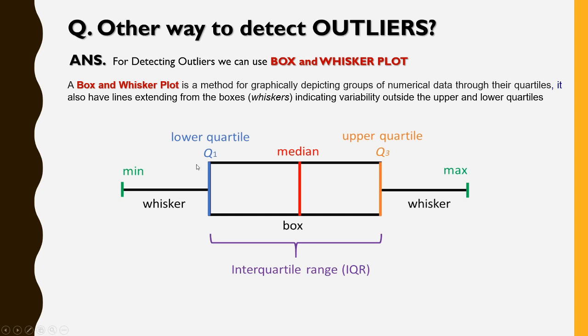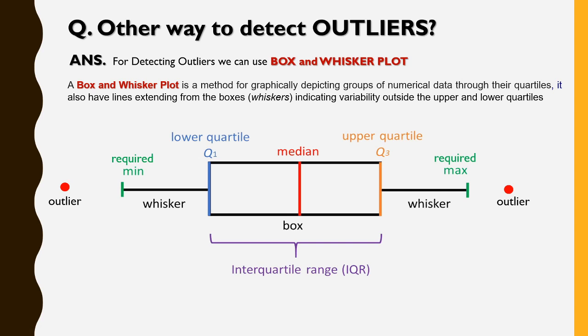And if your data have some circles coming in this box and whisker plot, these are called outliers. If in your data there is any outlier either above the maximum or below the minimum, then at that point your minimum and maximum will not be the exact minimum and maximum of the data, they will be the required minimum and maximum.